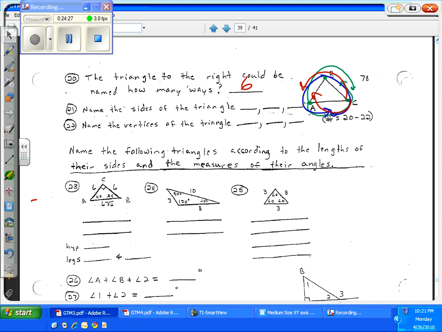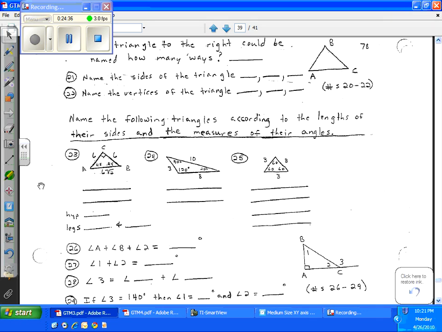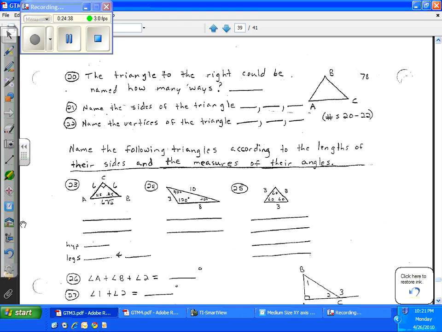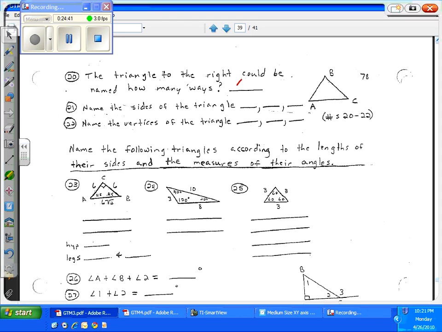Down here, we're going to get into acute, obtuse, scalene, equilateral, equiangular, and all that. Okay? Name the sides of a triangle. Now let's go back to the definition. A triangle is a figure formed by 3 segments joining 3 non-collinear points. The 3 segments are called the sides.